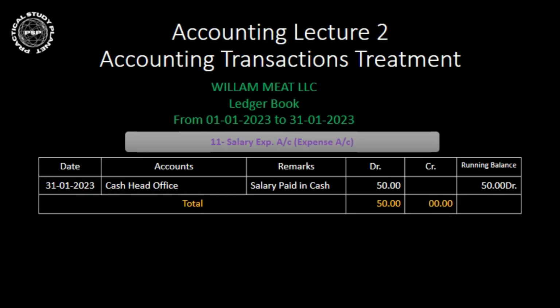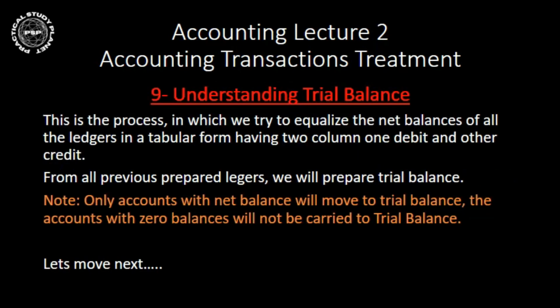So the last account will be the salary account. We paid the staff 50, we paid to the salary expense, so only debited this one. It is also important to understand the trial balance, because all ledger final balances, you can see the final balance which is at the end.